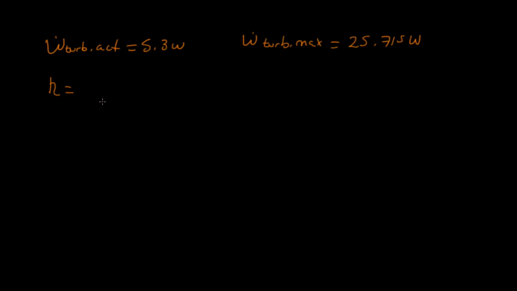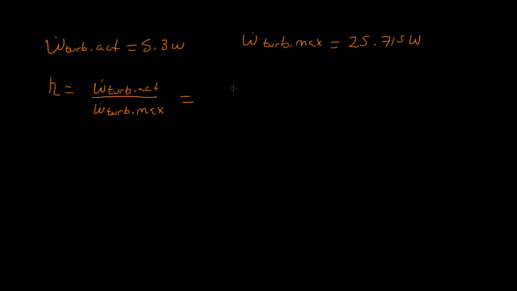All right, so we have the work of our turbine actual, which was 5.3 watts. We got that from our data. We calculated the work of our turbine at its theoretical maximum, and that we just got 25.715 watts. And now we're going to plug everything into this equation, which is work of our turbine actual over work of our turbine max.